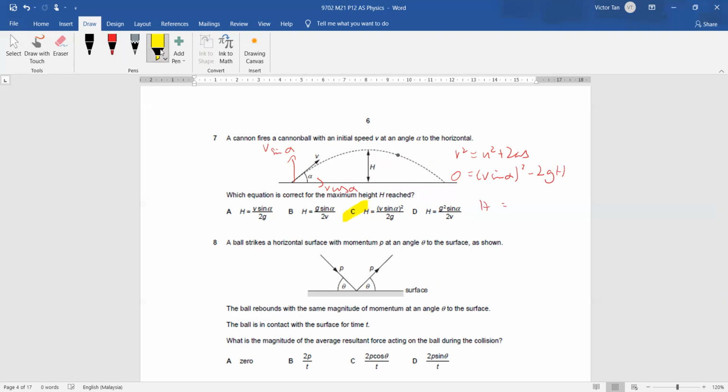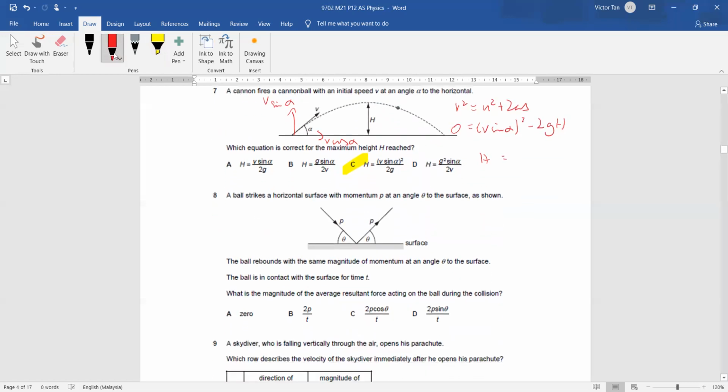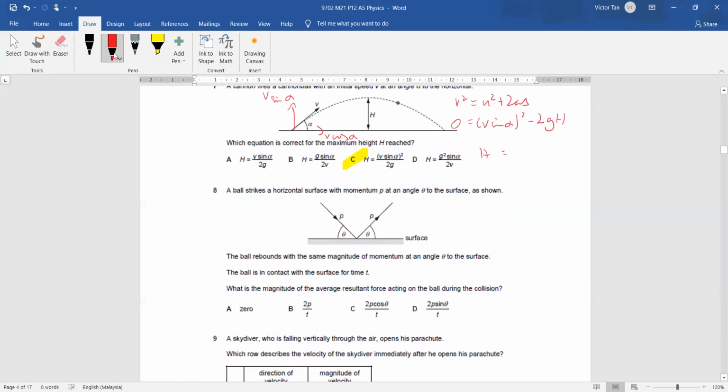C. A ball hits a horizontal surface with momentum p at an angle theta to the surface as shown. The ball rebounds with the same magnitude of momentum at angle theta to the surface. The ball is in contact with the surface for time t. What is the magnitude of the average resultant force acting on the ball during the collision? The resolution of vectors is very important. So this is your final momentum, here is your initial momentum.